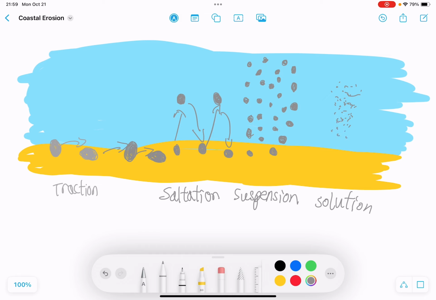The water just becomes grayish blue. And this is the process of solution in terms of coastal transportation. So this grayish blue water basically starts moving around and transporting the sediment all over the place. But the sediment can't really be separated from the water anymore. It's kind of like part of the water.